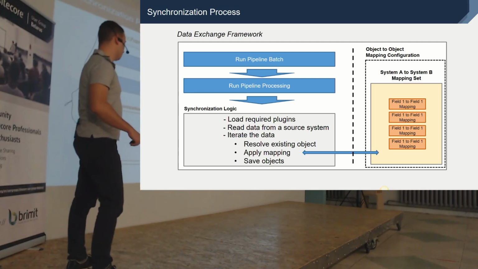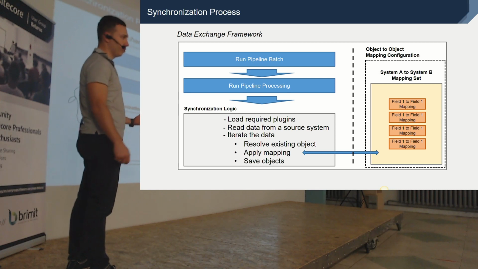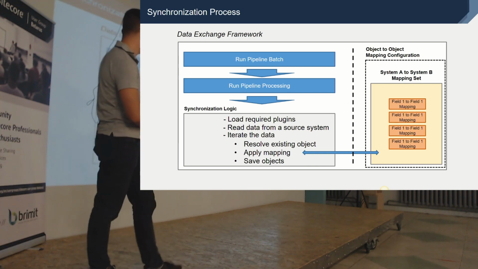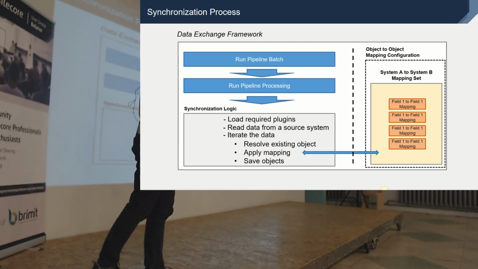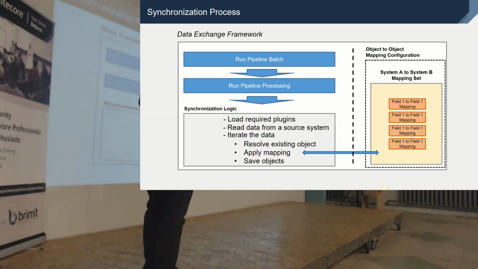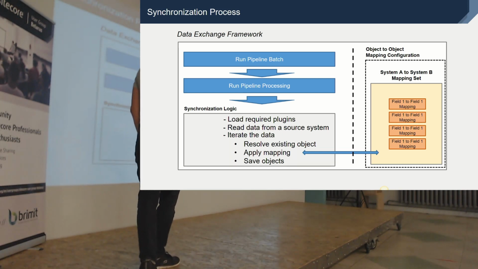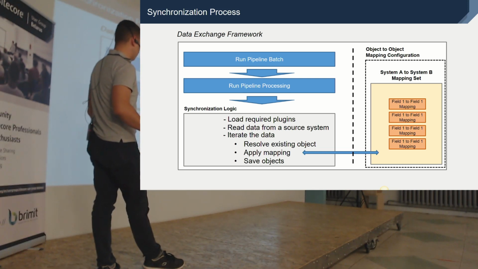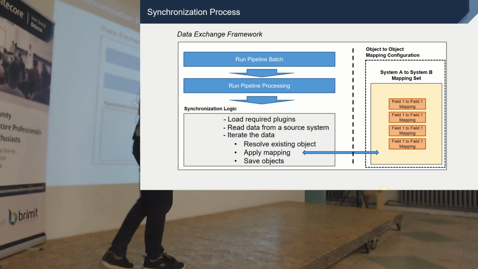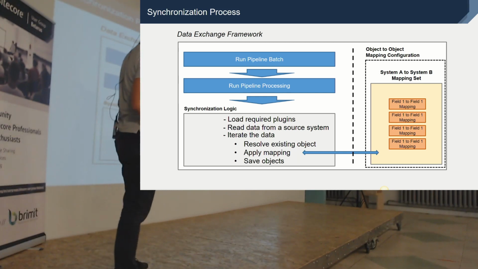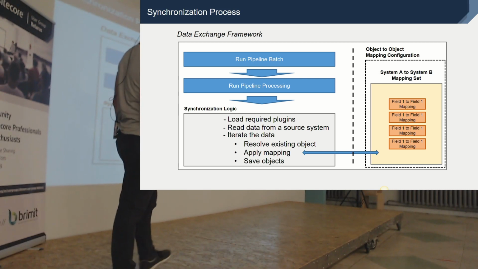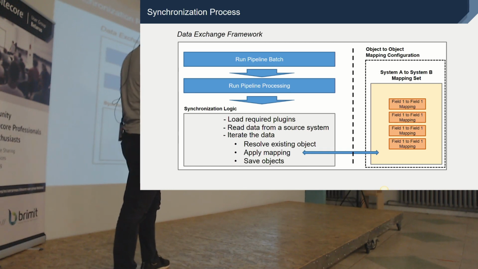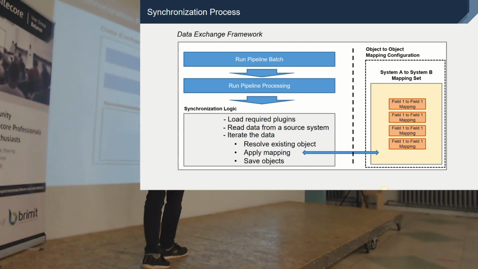Then, when we have decided whether we need to create an object, or we got the existing object, we just apply the mapping. It's the point where we interact with our mapping configuration. So the data exchange framework takes two objects, source and target, and sends them to the mapping functionality, and the mapping happens in the value mapping sets and the variable mapping sets.